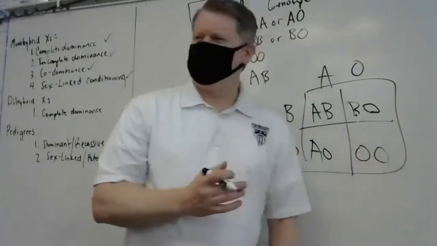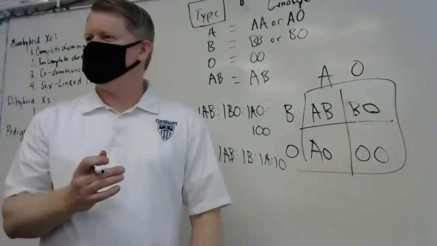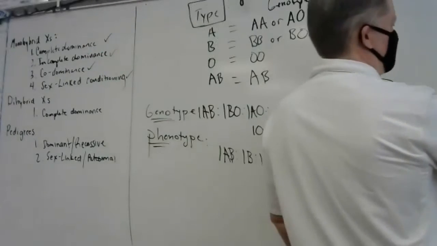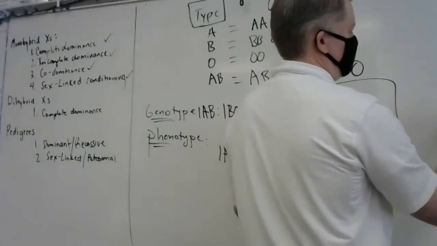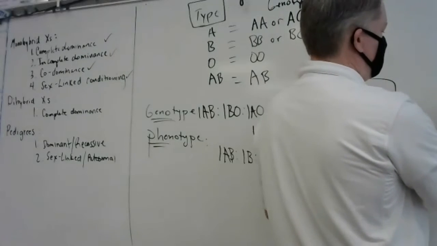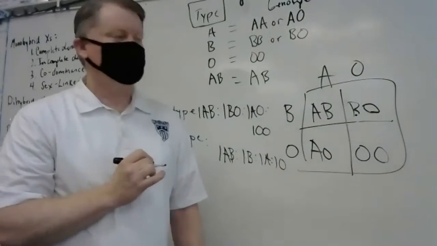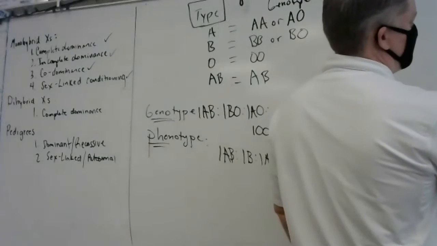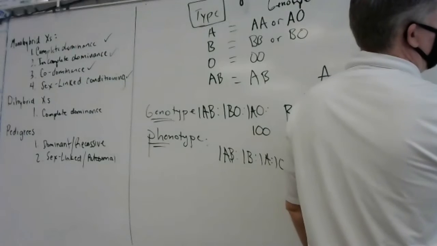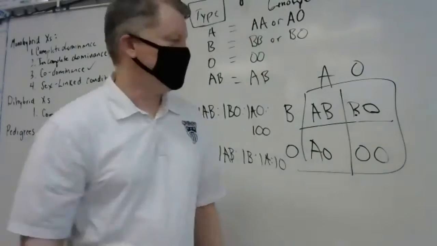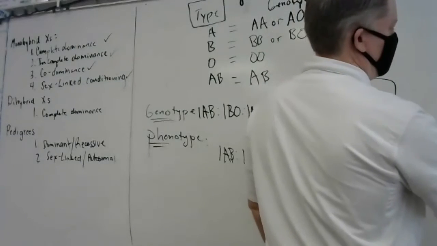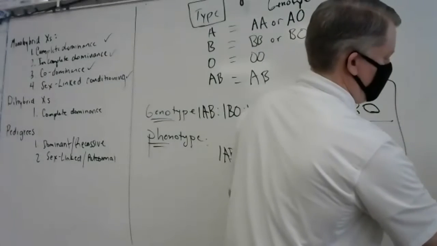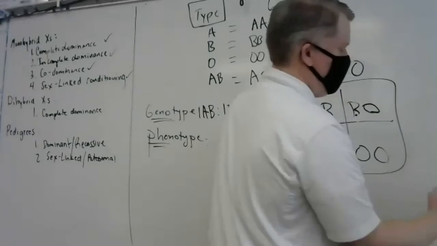Now, did you talk about this in biology, the donation stuff? So I'm going to give with the arrow, right? O's can only give to O's. A's can give to A's or O. B's can give to B or O. AB's can give to AB.